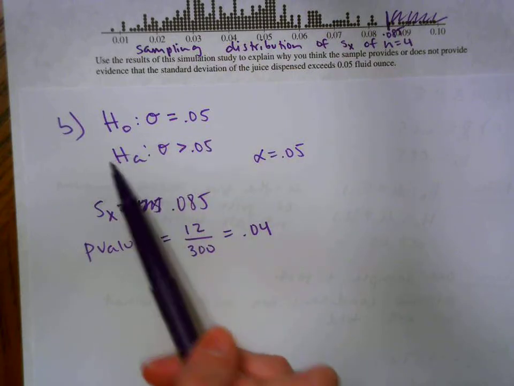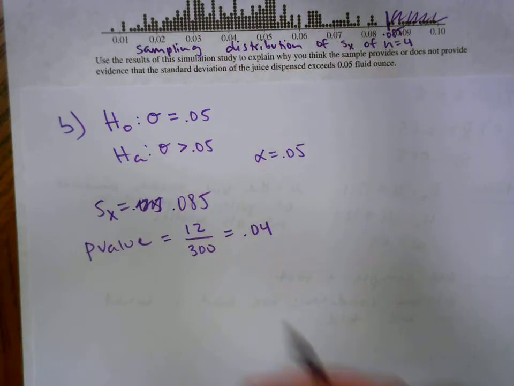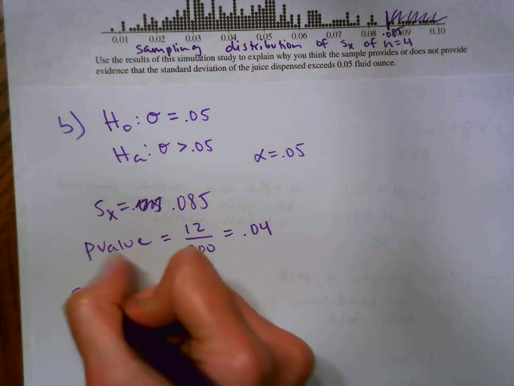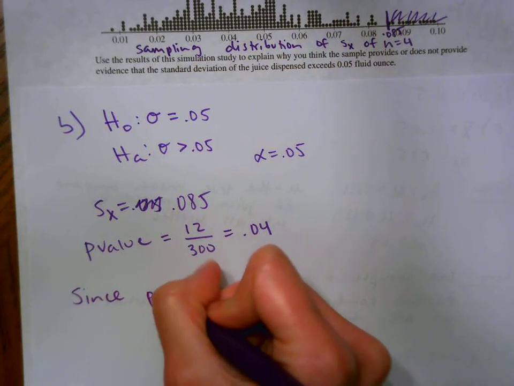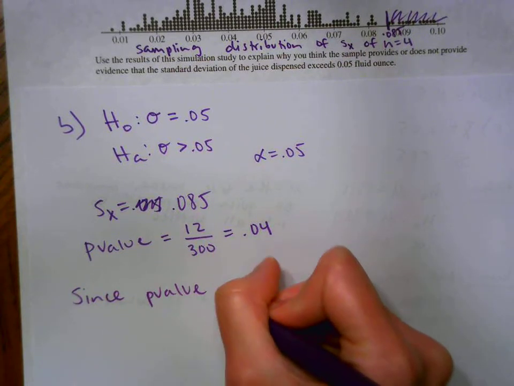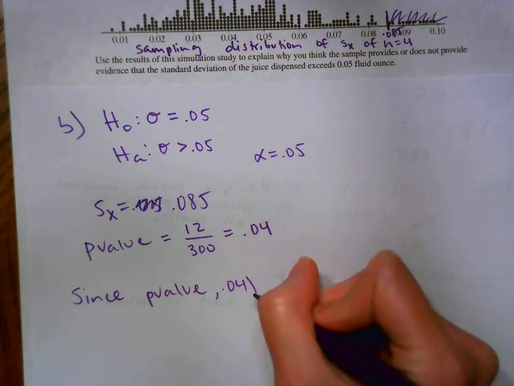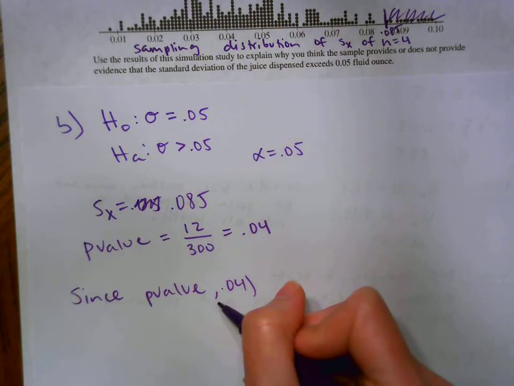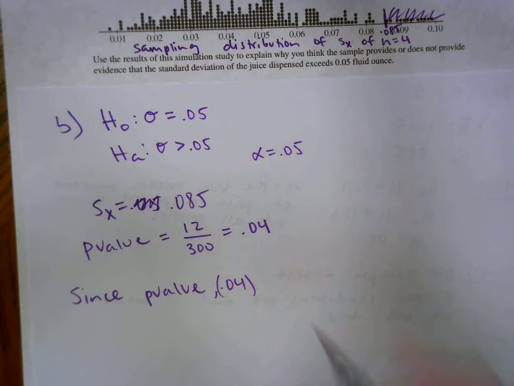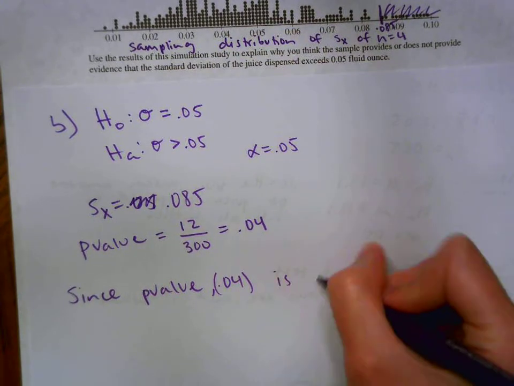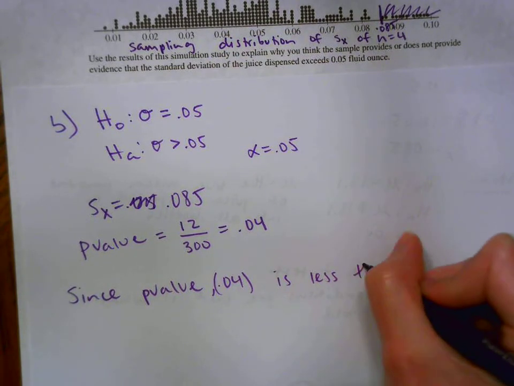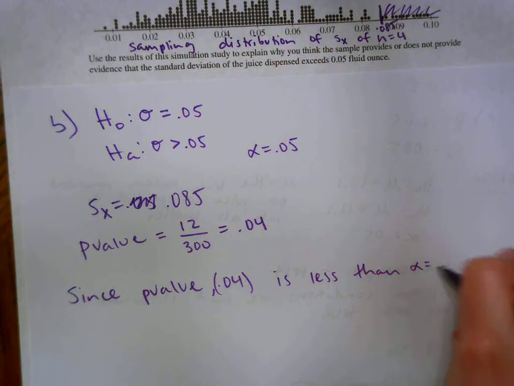We have convincing evidence for this HA. So we'll say, since the p-value 0.04, oops, I put a parenthesis on one side and a comma on the other. Guess I'll put parentheses now. Is less than alpha equaling 0.05.